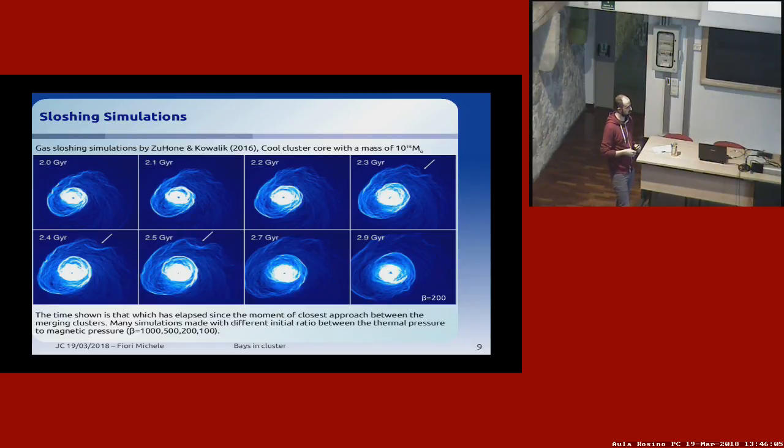Tidal tails. No. Okay, I will tell you later, but it's the same: every time that you have a dwarf galaxy passing through the intergalactic medium, it is possible that this galaxy loses its gas, star formation stops, and you have this feature in the contrast.